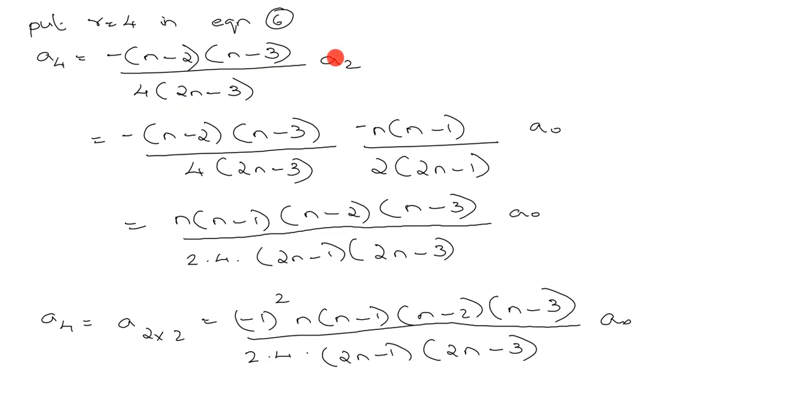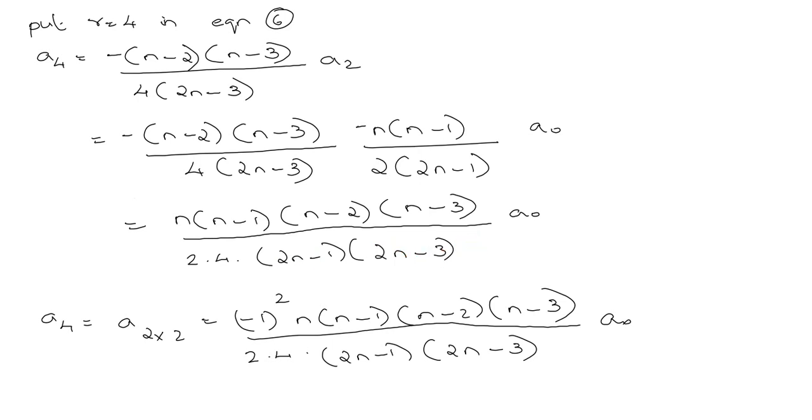So substituting for A2 we get minus N minus 2 into N minus 3 by 4 into 2N minus 3, minus N into N minus 1 by 2 into 2N minus 1, A0. This minus into minus will become positive. N into N minus 1 into N minus 2 into N minus 3 into A0 is the numerator. 2 into 4 into 2N minus 1 into 2N minus 3 will be the denominator.